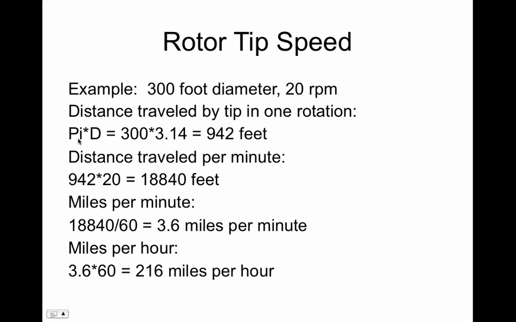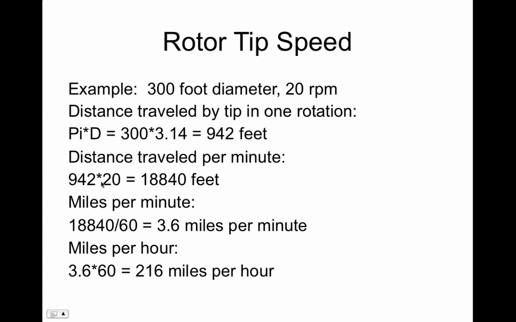It turns out that the distance around that outer tip of the rotor as it spins is pi times the diameter. So if we've got 300 feet, the diameter, times 3.14, it's about 1,000 feet around that rotor. Each revolution, it's going to go 940 feet.